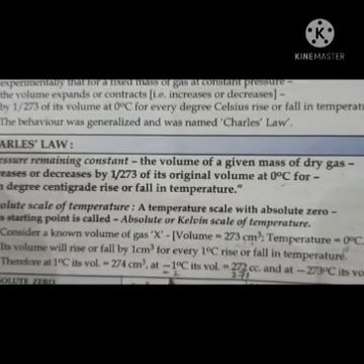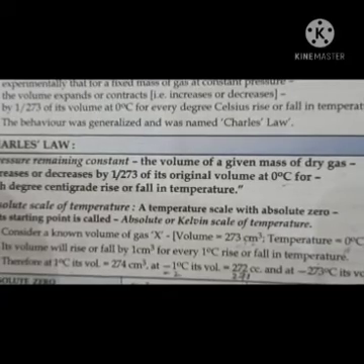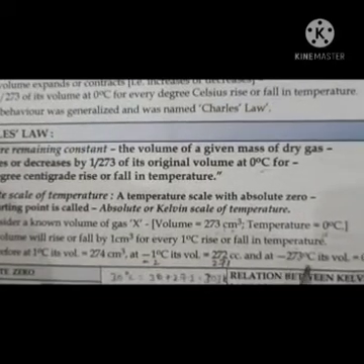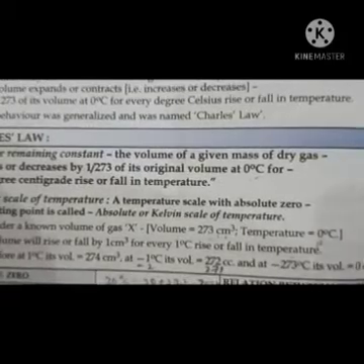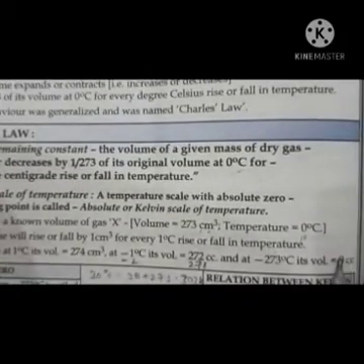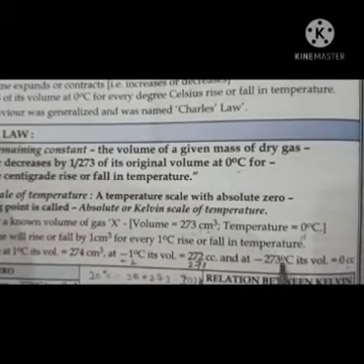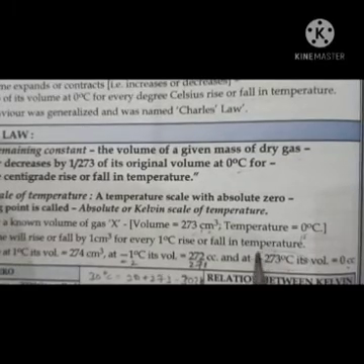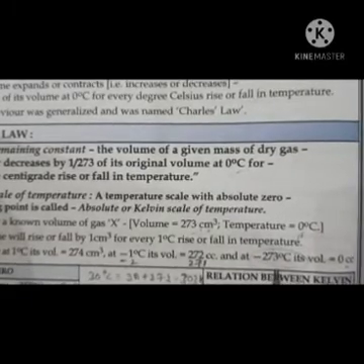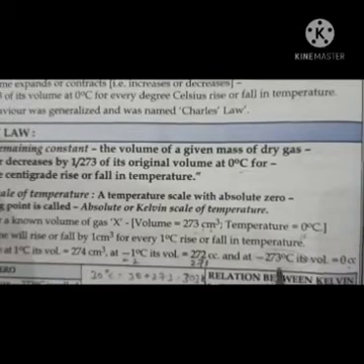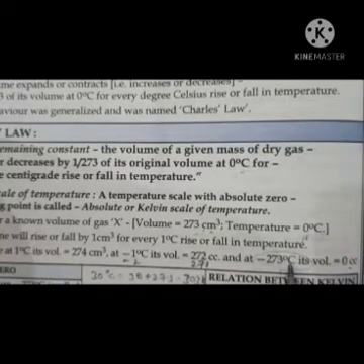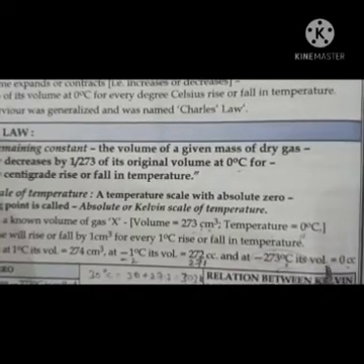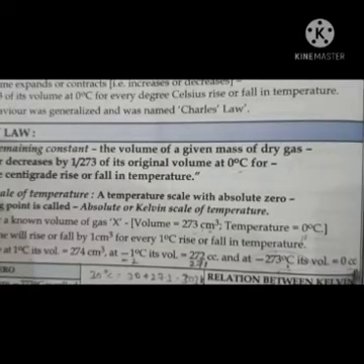Now if it reaches minus 273 degrees Celsius, its volume would be 0 cc, and this minus 273 degrees Celsius is known as absolute zero, because at this temperature the volume is 0 cc.